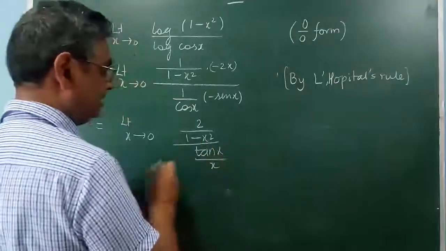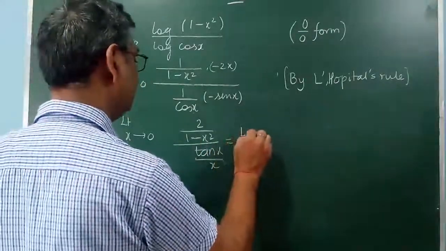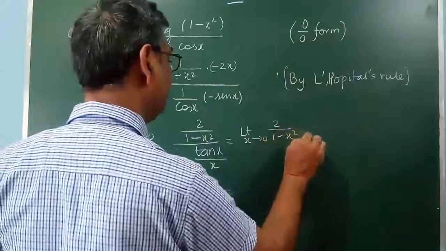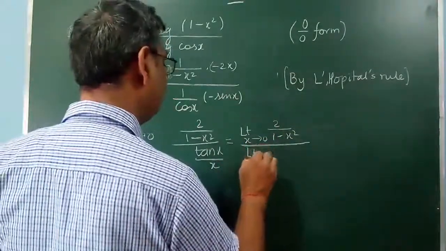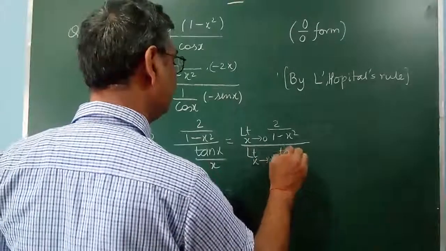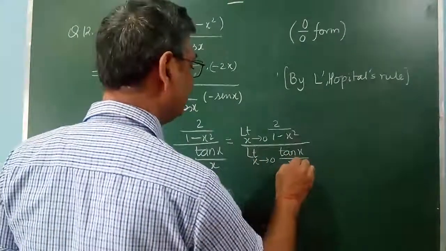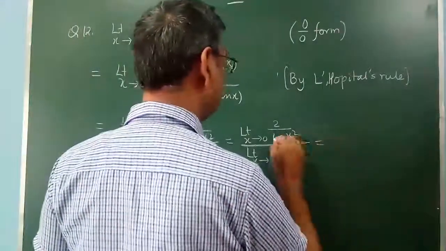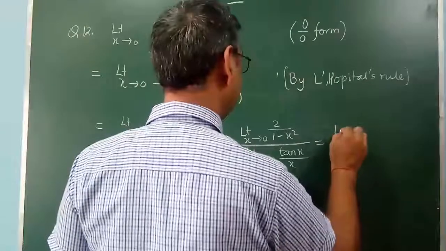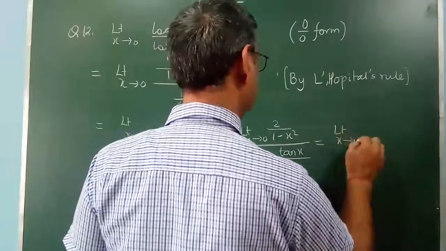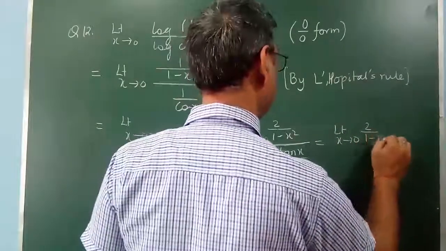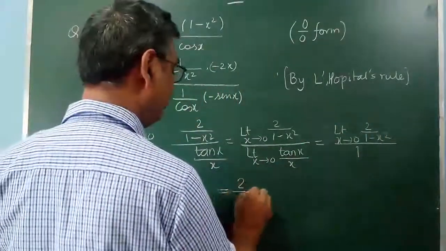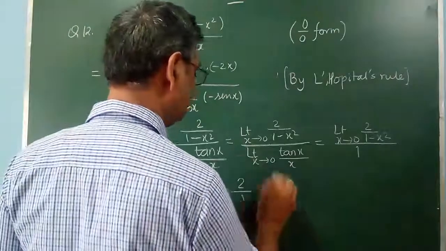So, this is limit x tending to 0 of 2 upon 1 minus x square, upon limit x tending to 0 of tan x upon x, which is nothing but 1. Put the limit here, so this is 2 upon 1, equal to 2.